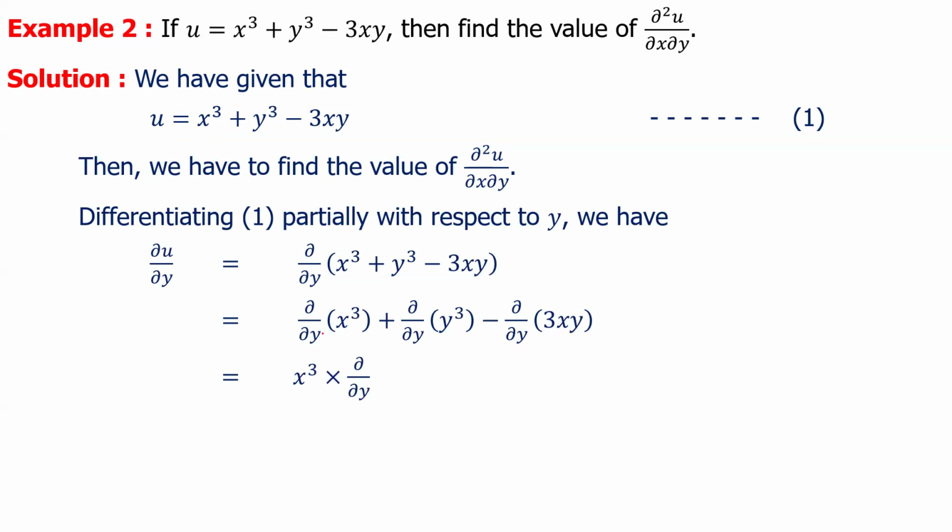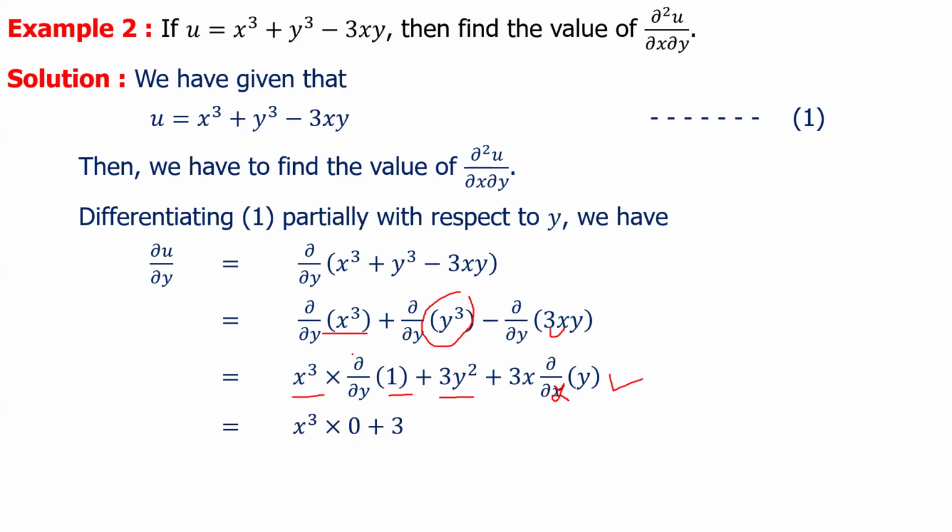Now, since this x cube is constant with respect to y, we can take it outside. So 1 is remaining. Partial derivative of y cube is nothing but 3y square, minus, we can take 3x outside, partial derivative of y with respect to y.